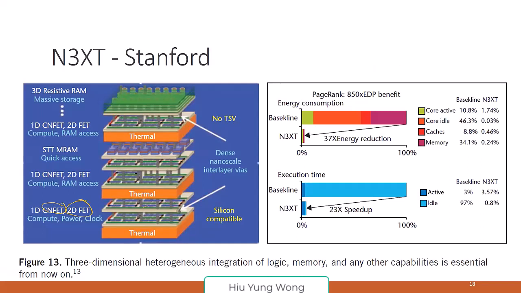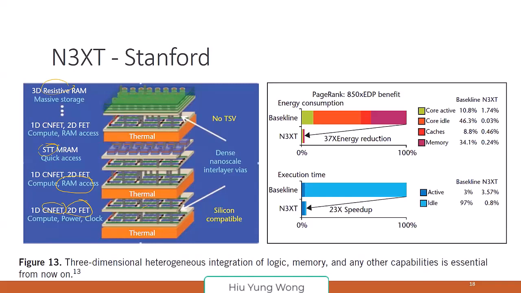And then you stack them together. You can access the memory very fast. You have different types of memory for different purposes. You have spin transfer torque memory. You have resistive memory on the top. They are very cheap, very dense, very high density. Basically, you put 1 terabit of memory on top of your computation unit. And then they have simulation and some experiment.